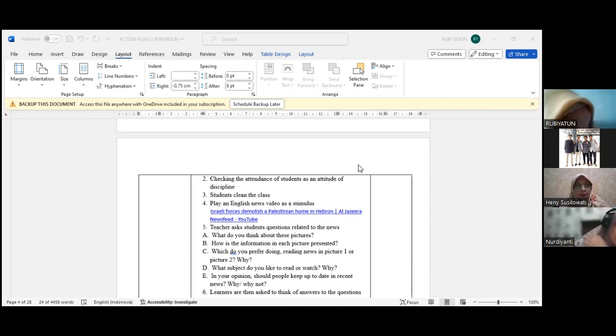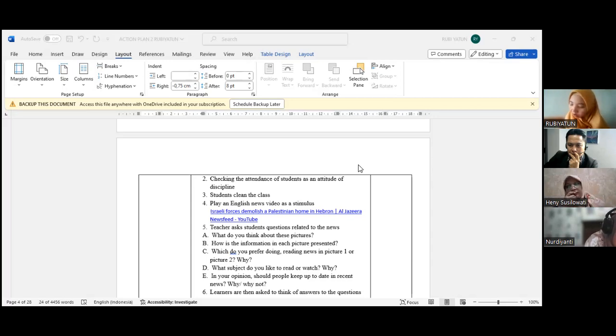Okay, thank you, Miss Money. Because I am using the problem-based learning method, there are five steps, and this teaching document will cover two meetings, the first and the second meeting. The steps are divided, which means not everything is finished on the first day.